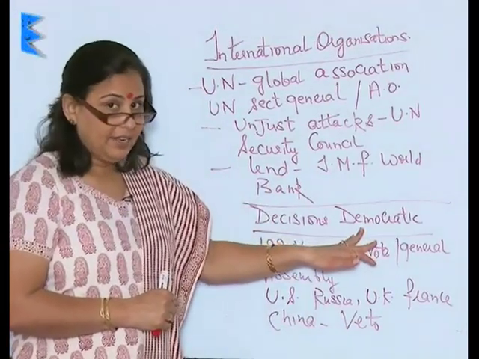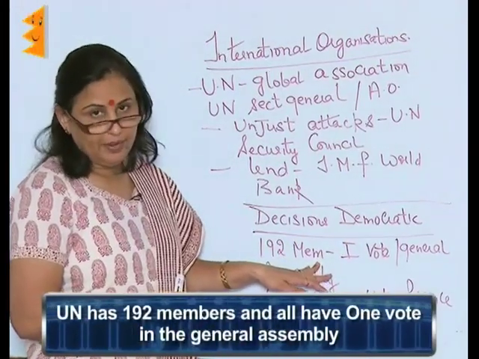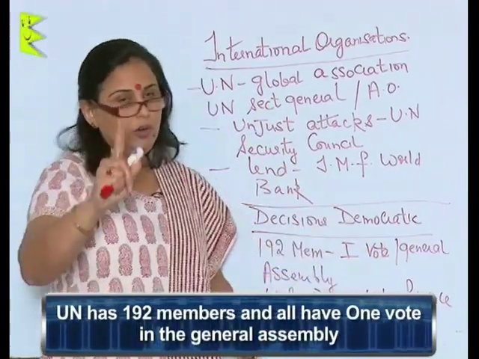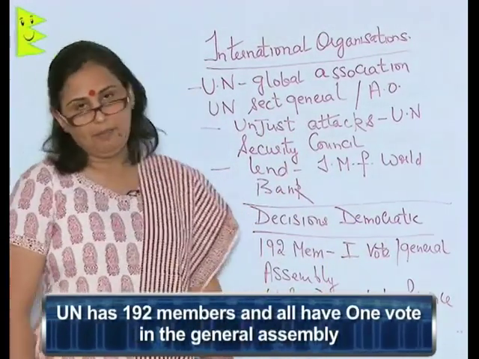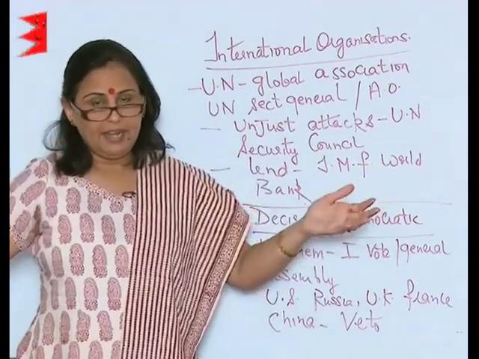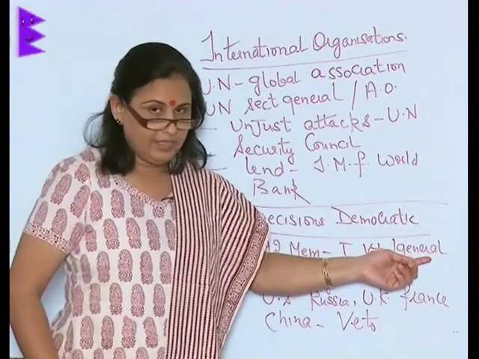Try and understand that there are 192 members of the United Nations and they all have one vote in the General Assembly. Excellent. So that means all of us are deciding in the General Assembly on an equal basis.